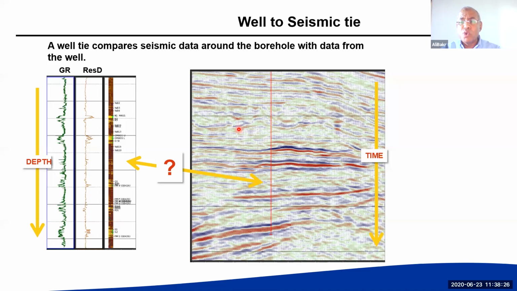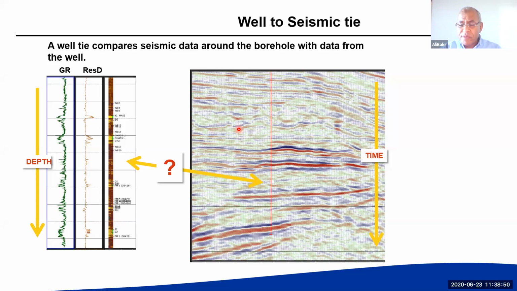Or sometimes we do what we call a vertical seismic profile, where we record inside the wells the velocity of the waves for each bed that I have been drilling. From that I can also get a time-depth table that can transfer the data from time to depth by using the velocity information.